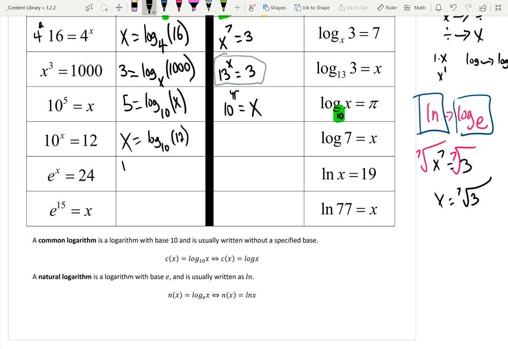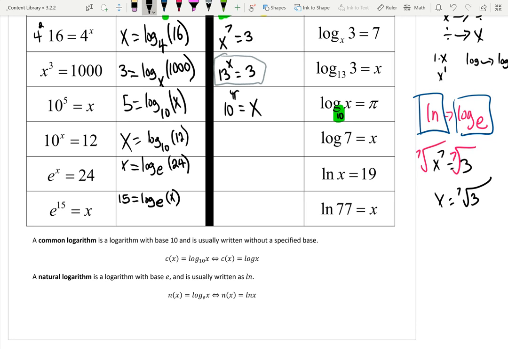What is my exponent? x equals log of my base, which is e, of 24. Okay, my exponent is equal to the log of my base of my output, 24.